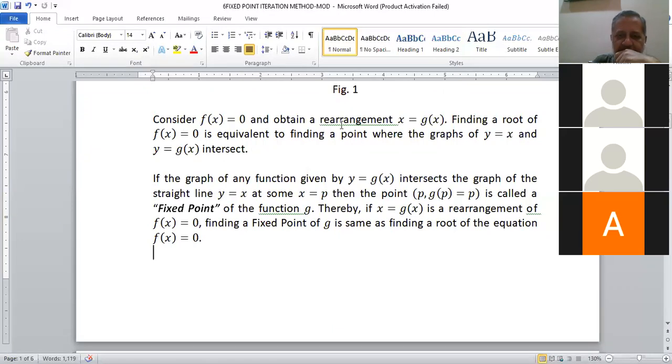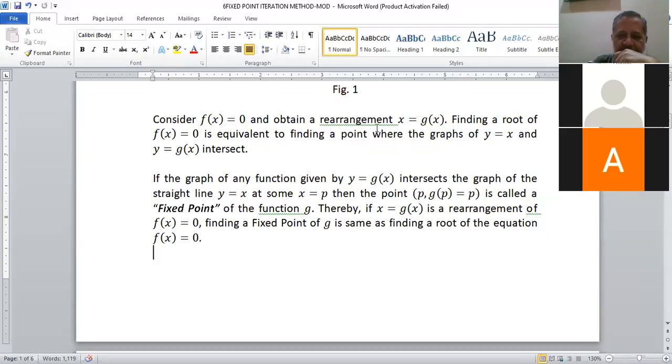Now, considering f(x) = 0, our method, as I indicated, is to rearrange this into x = g(x).